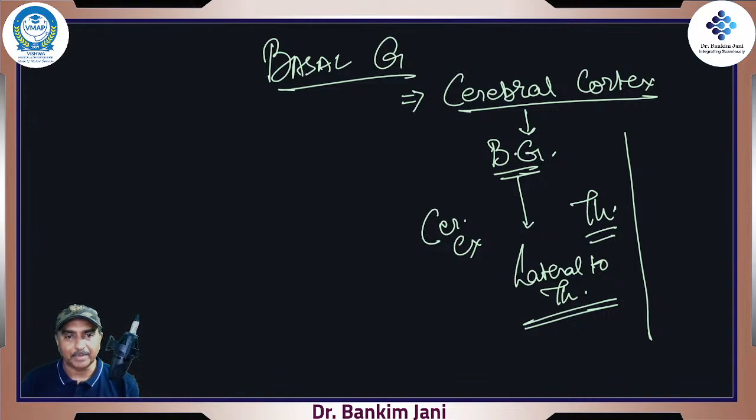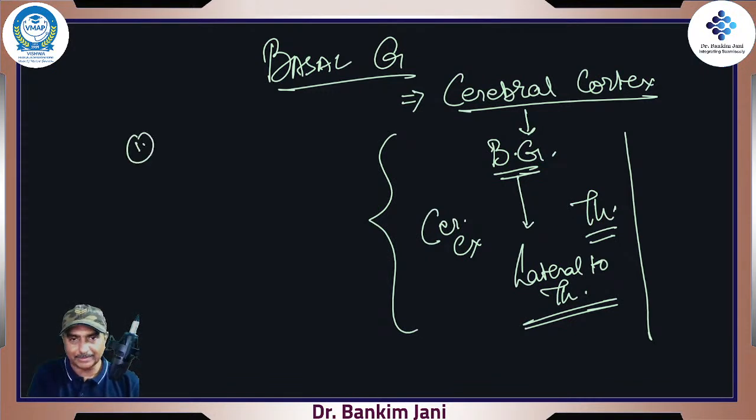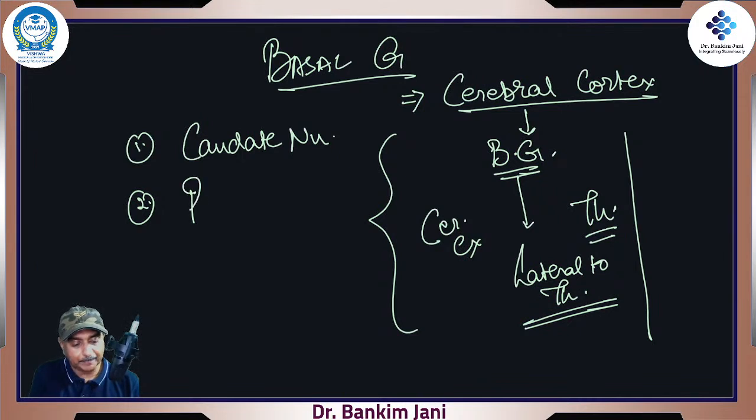Now there are certain parts of it. Collectively, there is one which will be the largest, which is called the caudate nucleus. Then there is one more, called the putamen.